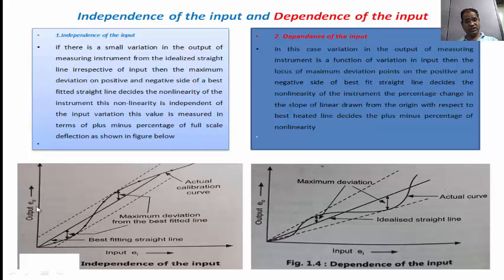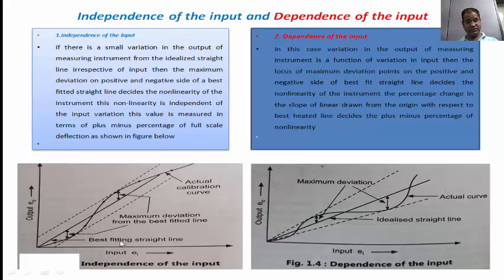See, this is the transfer curve, that is output against input. This line represents the best fitted curve. So this is the actual calibration curve. The actual calibration curve is a variation from the best fitted. Best fitted is like this.